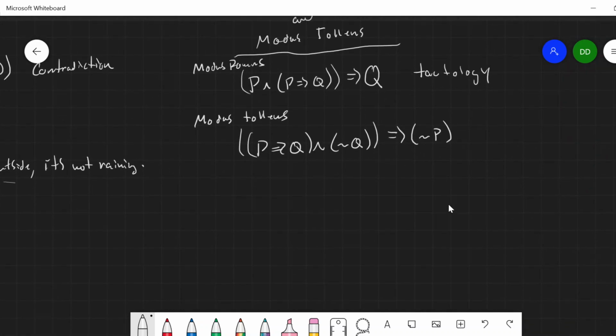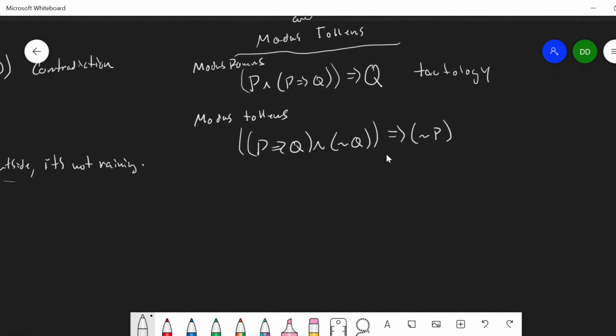Again, we could look at a truth table to verify this, but it should make sense why this is a tautology, why no matter what, this should be true. The implication is true, but I don't have the conclusion. Hence, I must not have triggered the cause. I must not have satisfied the hypothesis. So that's what's going on here.